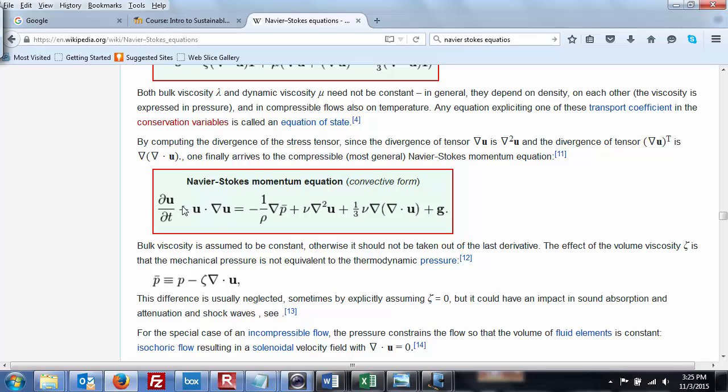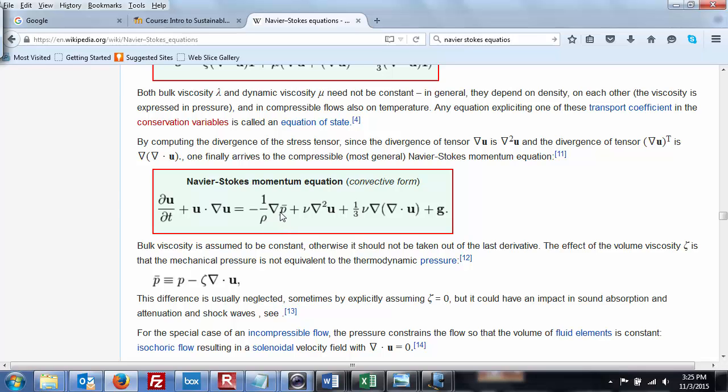This, at a certain point, tells you how fast it's changing with respect to time. This term tells you how fast it's changing with respect to space. So the wind might be blowing really crazy on one side of town and not at all elsewhere. This is the density of the air. As I just mentioned, warmer air in general is less dense.